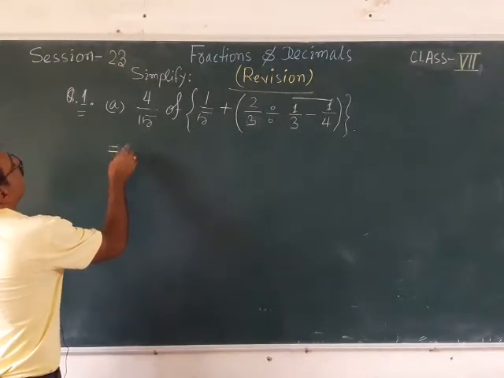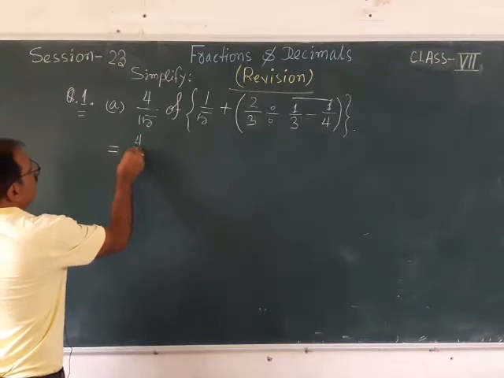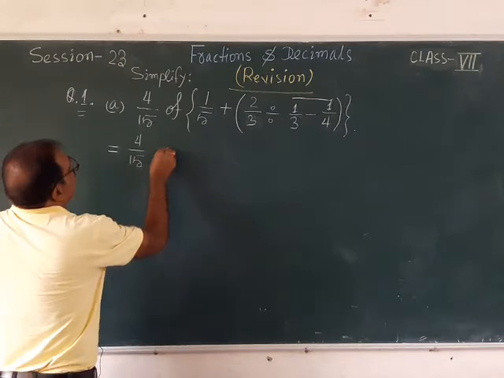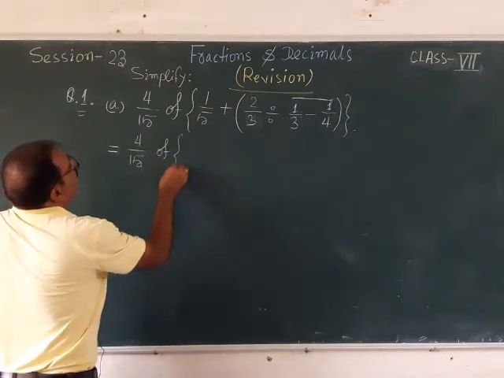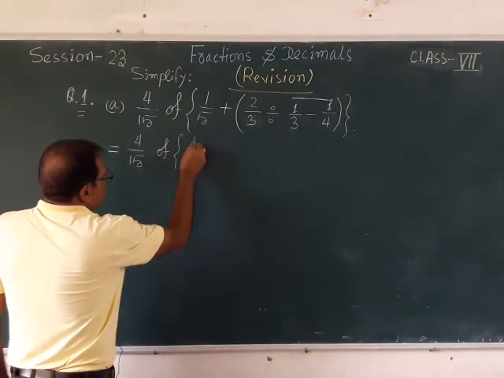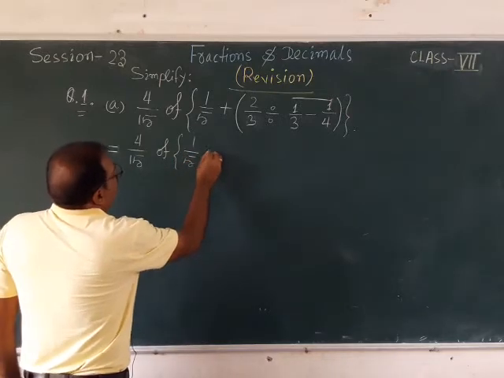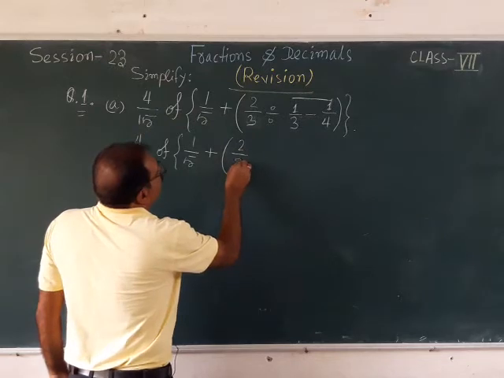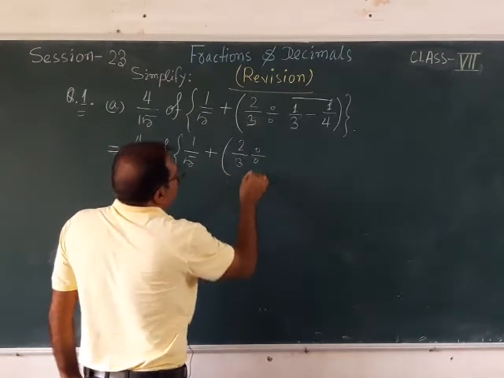So the bar bracket or vinculum will be solved first. Here you need to just copy down: 4 upon 15 of, then I will write this second bracket, copy down 1 by 5, then the plus sign, then 2 by 3 also, and the division sign also.